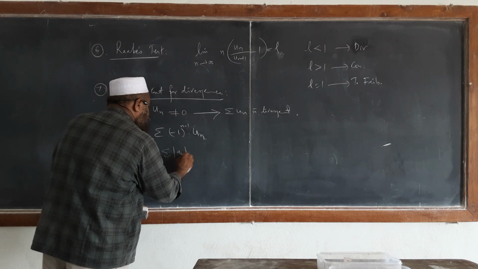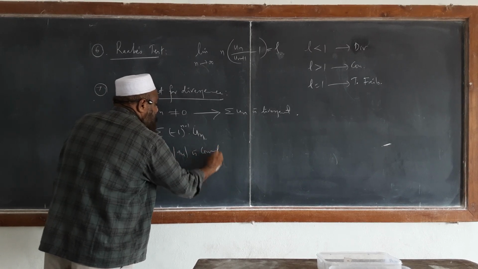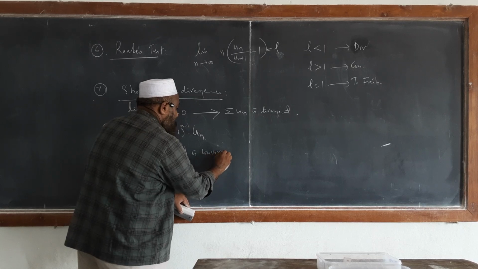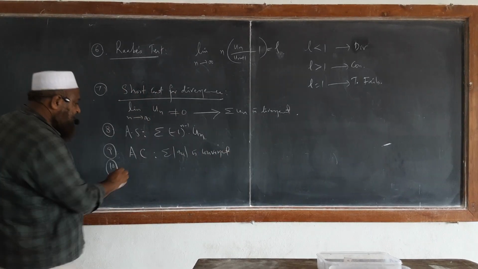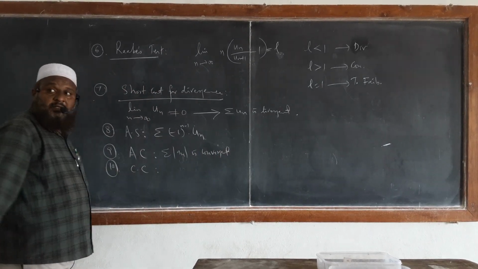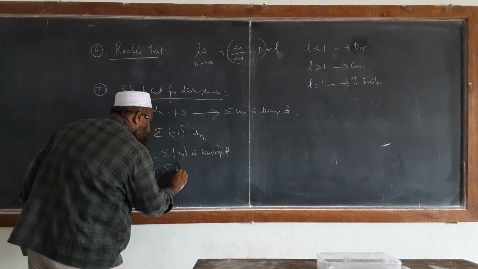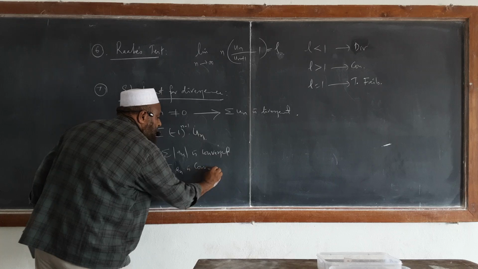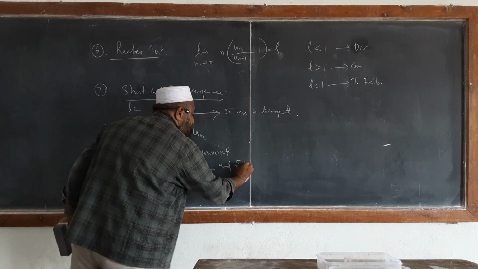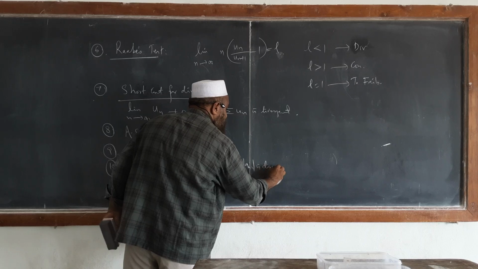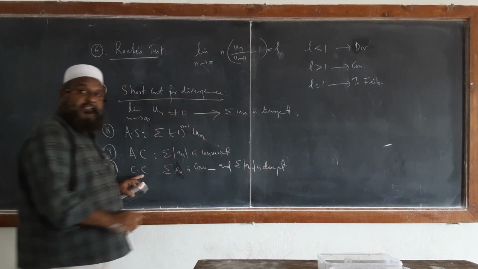Sigma mod an is convergent. Enough. Okay. What is conditional convergence? Sigma an is convergent and sigma mod an is divergent. Then it is called conditionally convergent.